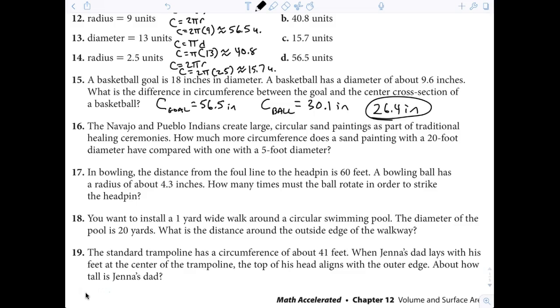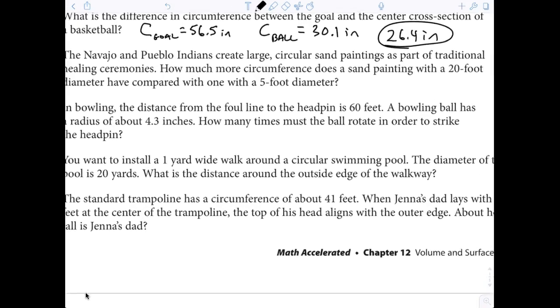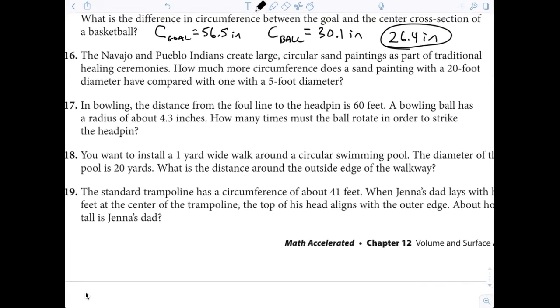Yes, me, you're up. How much more circumference does the same thing, 20 feet diameter, have compared with the other one?